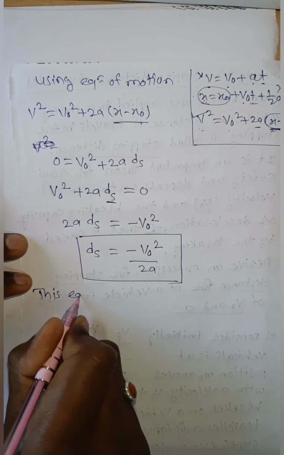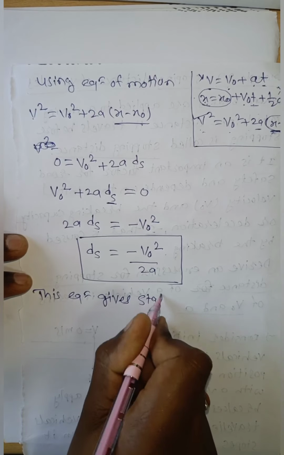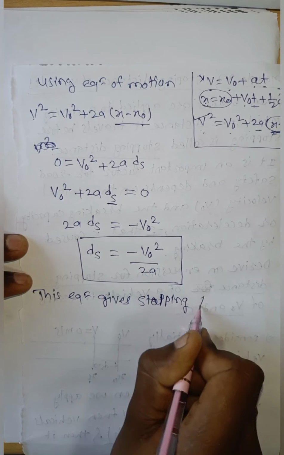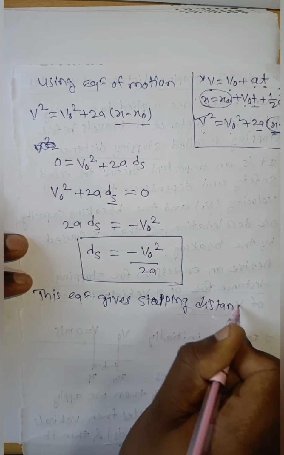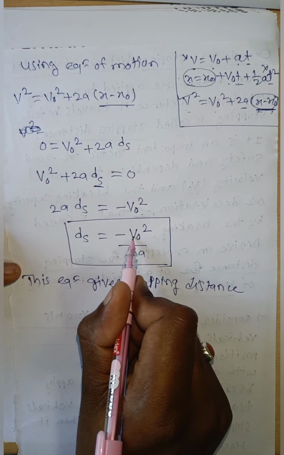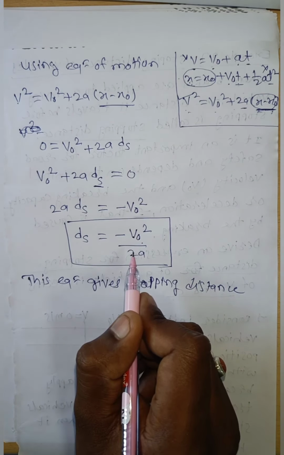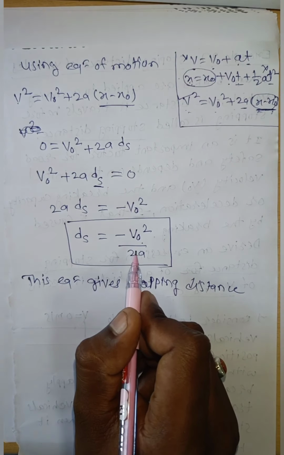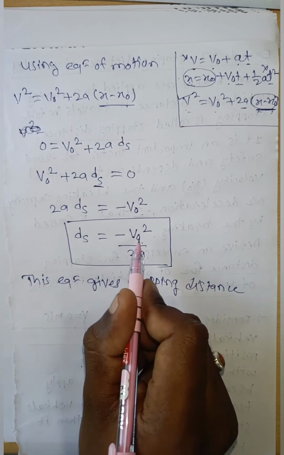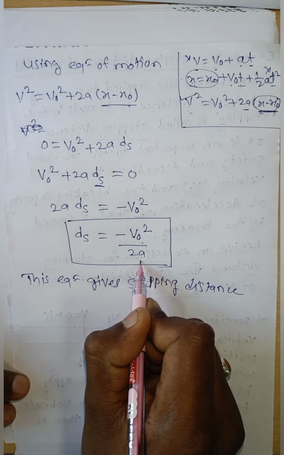This equation gives the stopping distance, and the stopping distance depends on the square of the initial velocity. If the velocity is more, the stopping distance will be more, and it is inversely proportional to the acceleration.